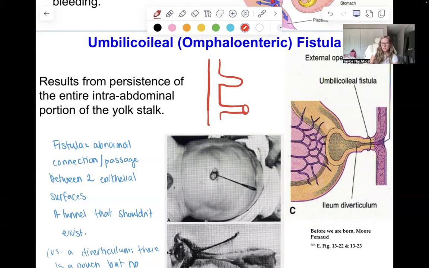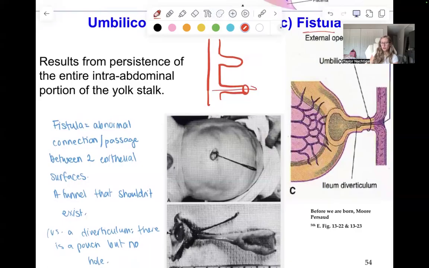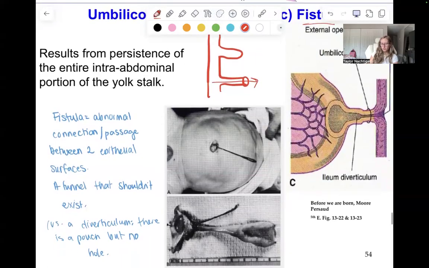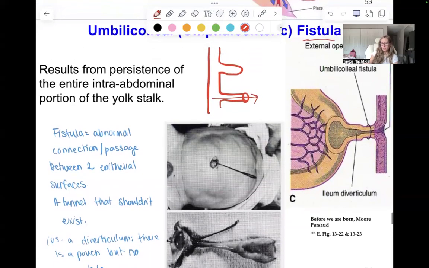So in this case, it's not the worst thing. You just run the compromise of things getting stuck in here, but they can go in and they can come out, and they're not going to enter the abdominal cavity or wherever. In the case of a fistula, it's an open tube. So you could potentially have food coming down, or not food at this point, but you know what I mean.